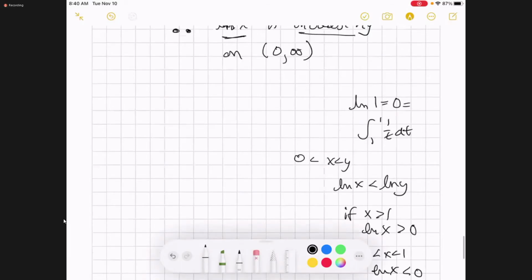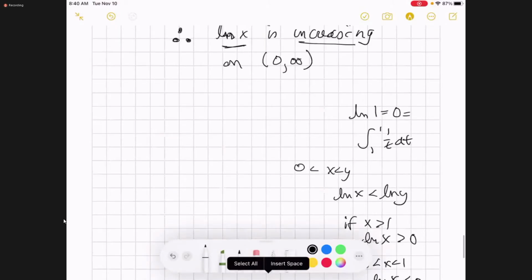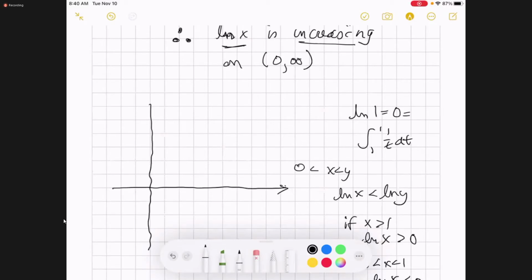Okay, so I'm going to start a rough sketch. It really helps me if I can see things. I know that that's one right there. ln of 1 is 0. ln of 2, we said it was between 1/2 and 3/4.